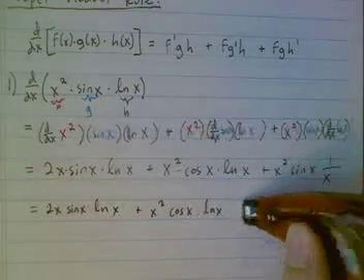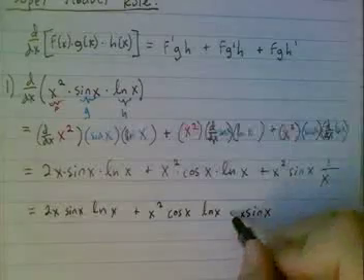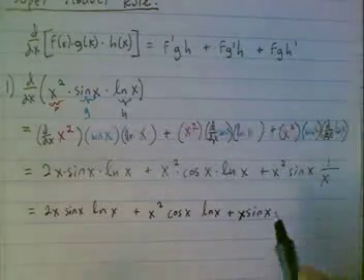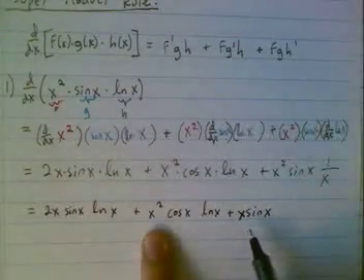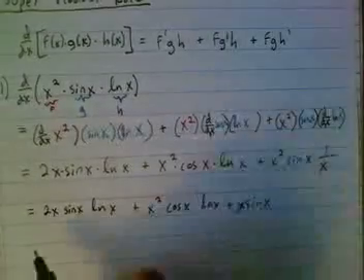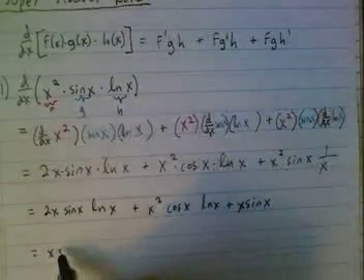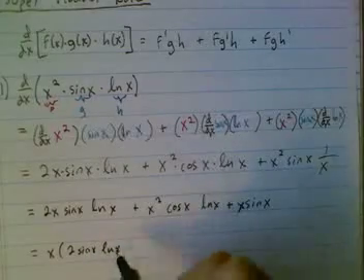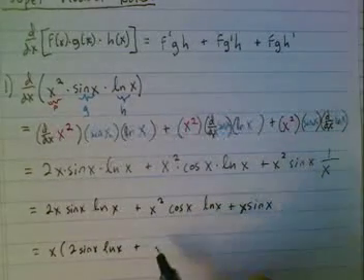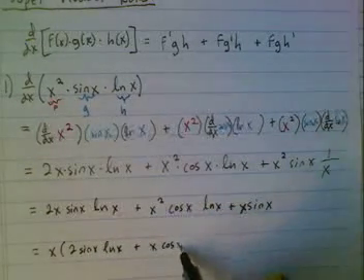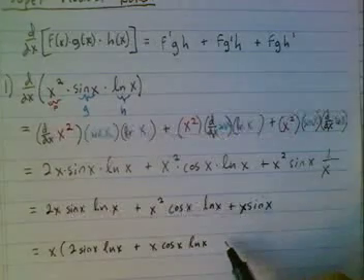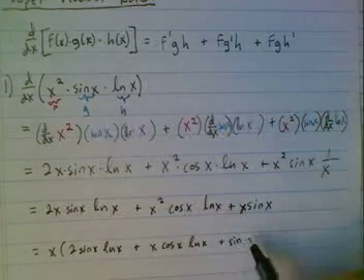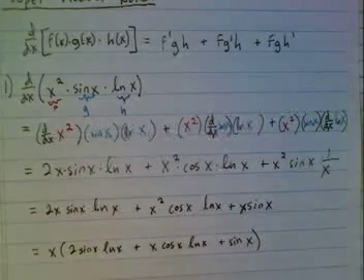And now we can see as we look through here that all of these terms do have an x, or an x squared as the case may be. So that means that we can factor out x, leaving 2 sine x natural log x plus x cosine x natural log x plus sine x. And there we are.